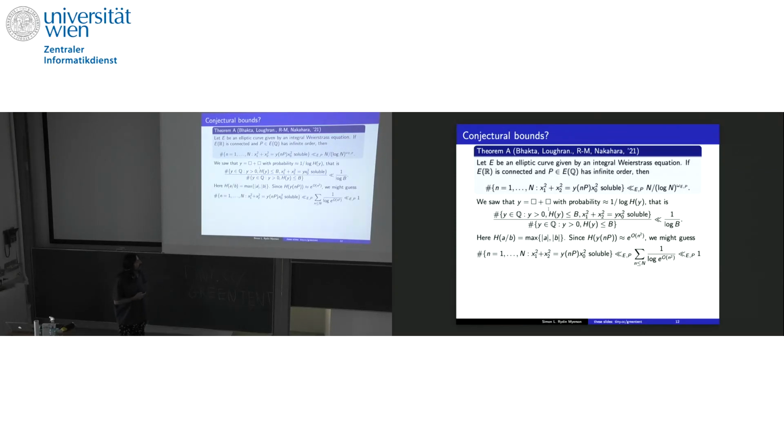So this suggests that maybe this quantity is actually finite. Maybe I could drop this capital N and let n run over all the natural numbers, and this is just some finite number depending on E and P.